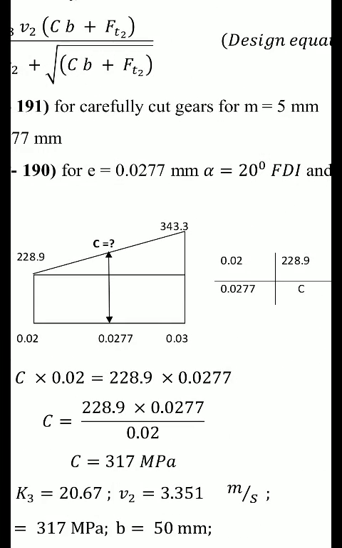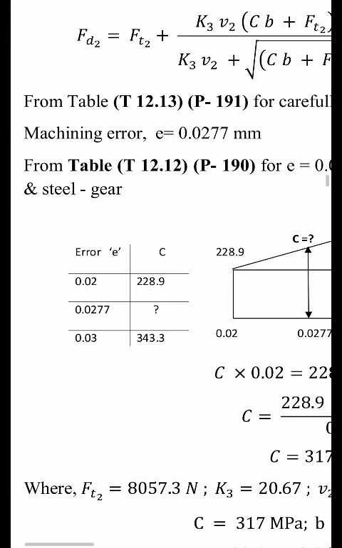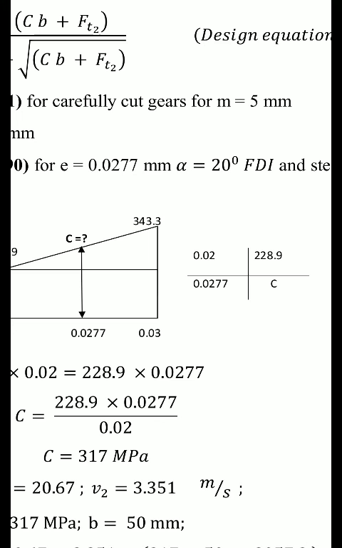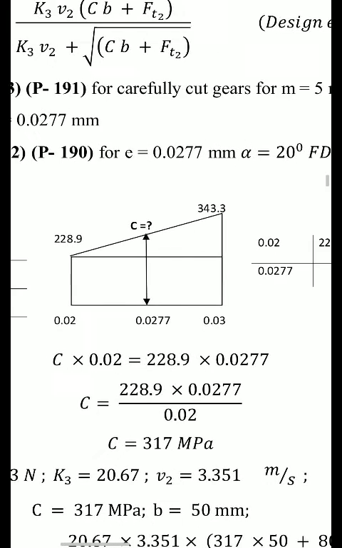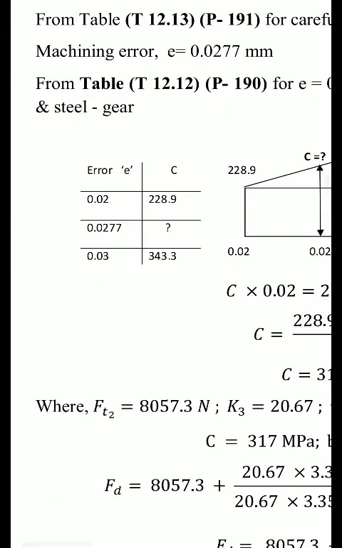Alpha is 20 degree full depth involute for the steel pinion and the steel gear.